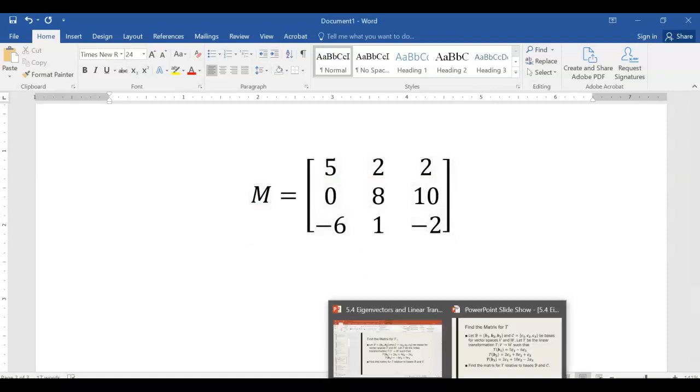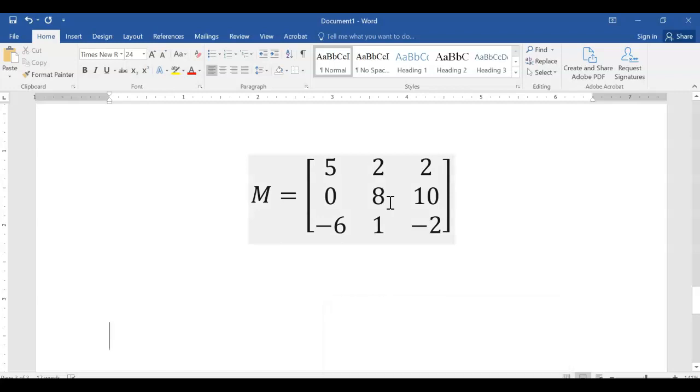Let me make sure, yep, 2, 8, 1, 2, 10, negative 2. So those are my columns for my matrix M. All right, and that matrix is the matrix that represents the transformation T with respect to bases B and C. So there we go.